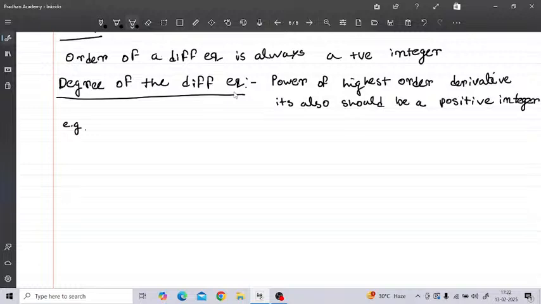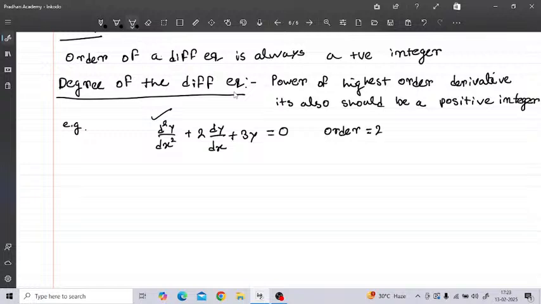First example is like d2y/dx2 plus 2 dy/dx plus 3y is equals to 0. This is clearly a differential equation. If I ask you about the order of this, you can clearly see that here the second order derivative is the highest order of a derivative, so our order is 2.